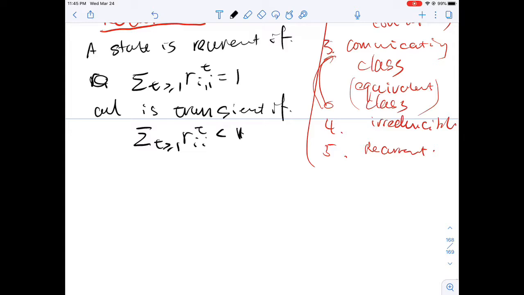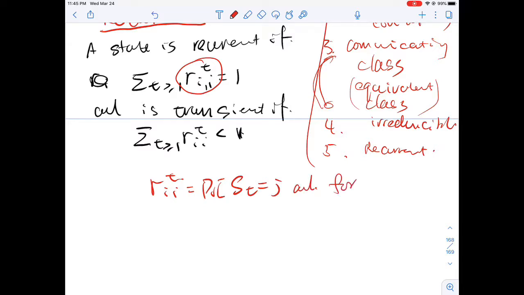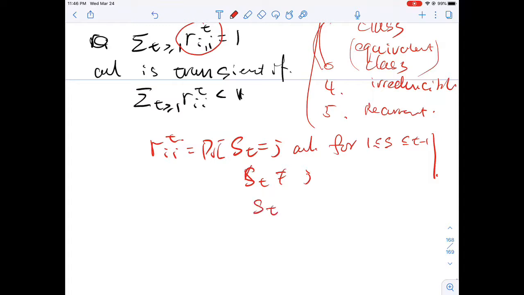Now we also need to define this term R_ij(t). It is the probability that S_t equals j, and for any s between 1 and t minus 1, S_s doesn't equal j, conditioned on starting with S_0 equal to i.